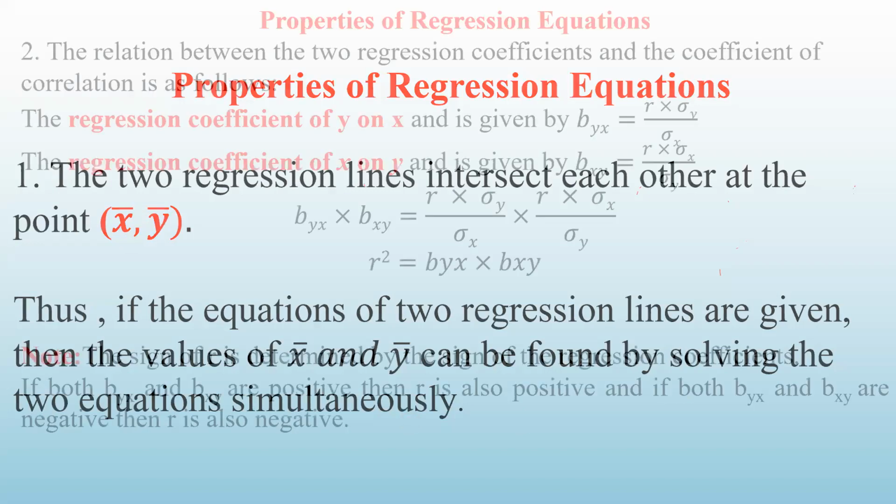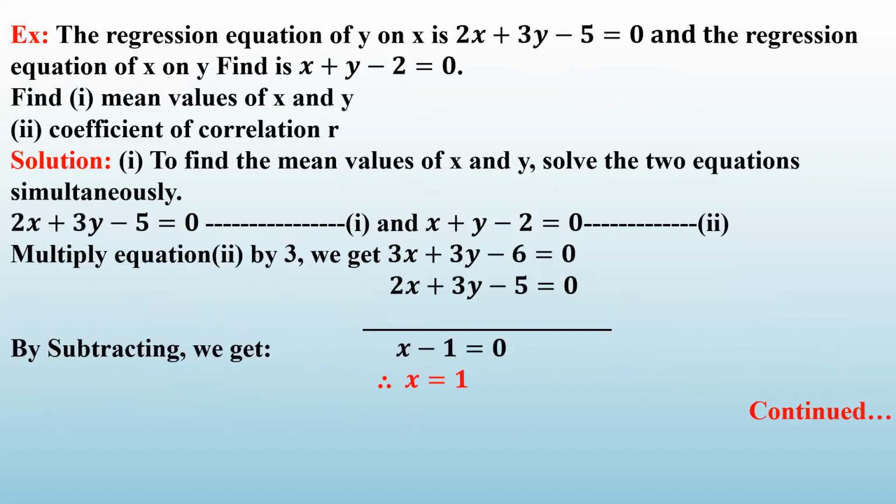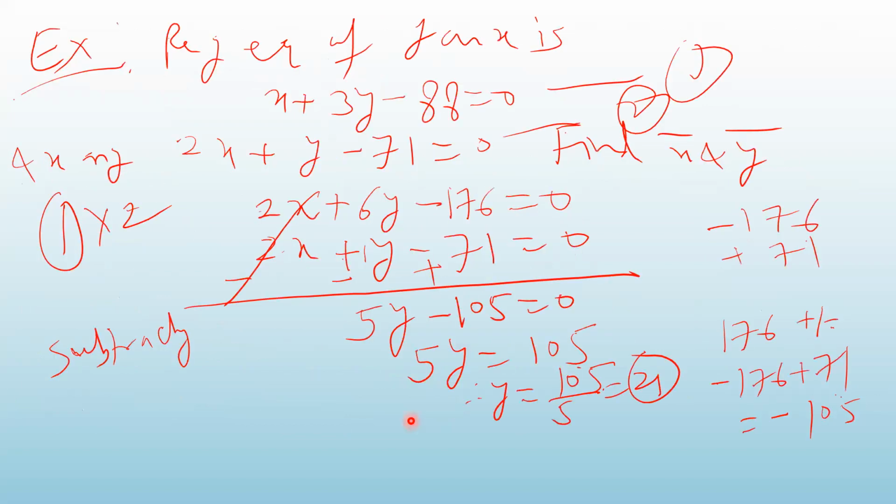See, what does this tell you? If you plot these two lines on graph paper, suppose this is the y on x line and this is the x on y line. These two lines will intersect at a point, and the coordinates of this point will be x bar and y bar.